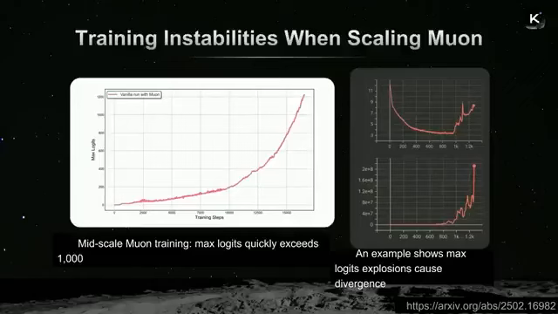But for Muon, it quickly exceeds 1,000. At the same time, we observe training divergence. If you look at the training loss, it goes down a bit, but at the end of the day it explodes and cannot converge as expected. So this is one of the technical challenges that we had to address.